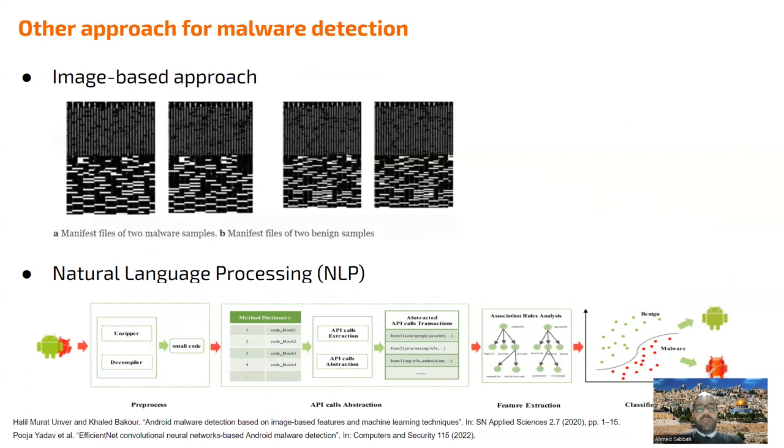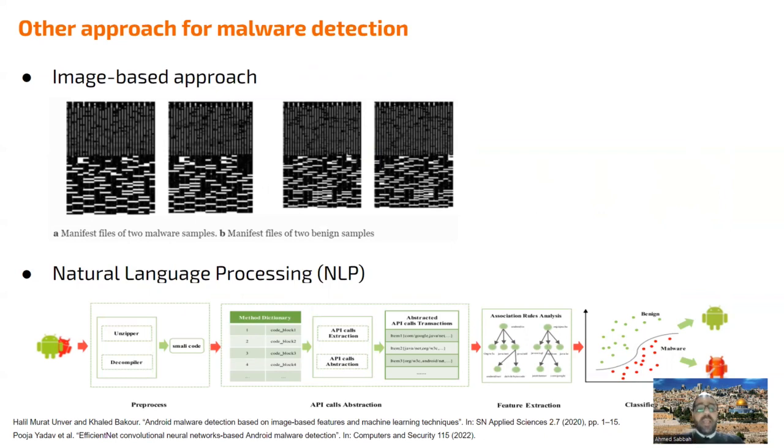For the other approaches we defined before, after extracting the features, we use new techniques in different ways. For example, image-based: converting the bytecode that exists in the source code of the APK file to an image, as we show in figure A. This is a malware image and a benign sample.